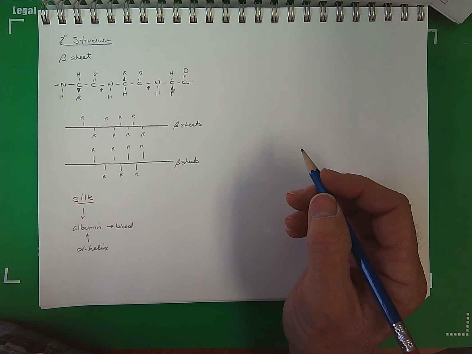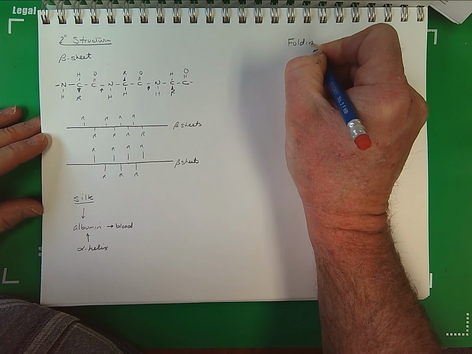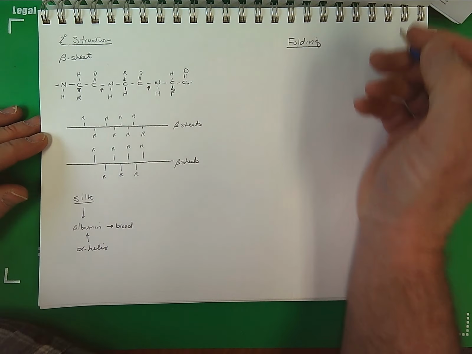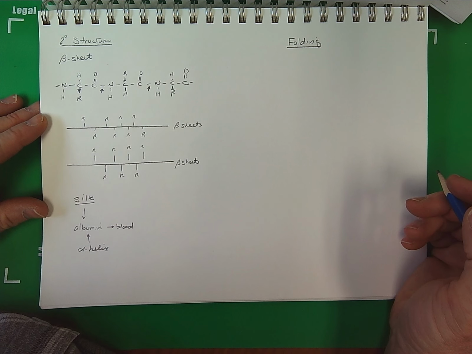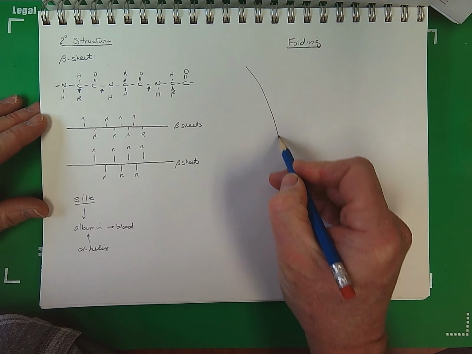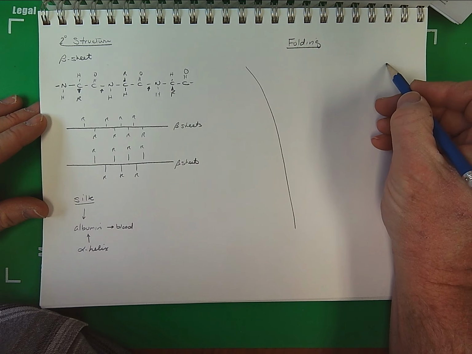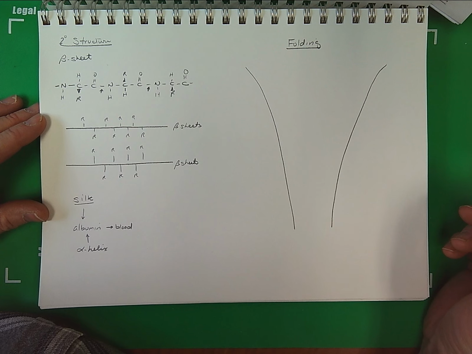Now, the final topic I'd like to discuss is protein folding. What are the thermodynamic considerations of protein folding? The best thought that I've seen on this in textbooks is a funnel effect.